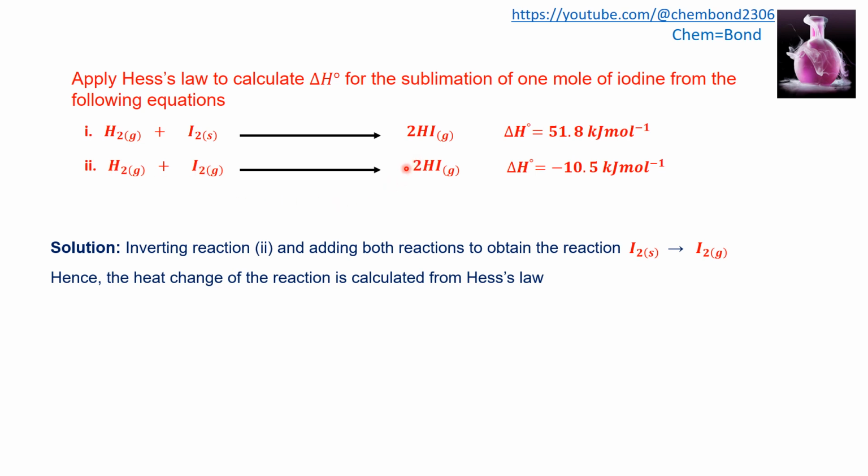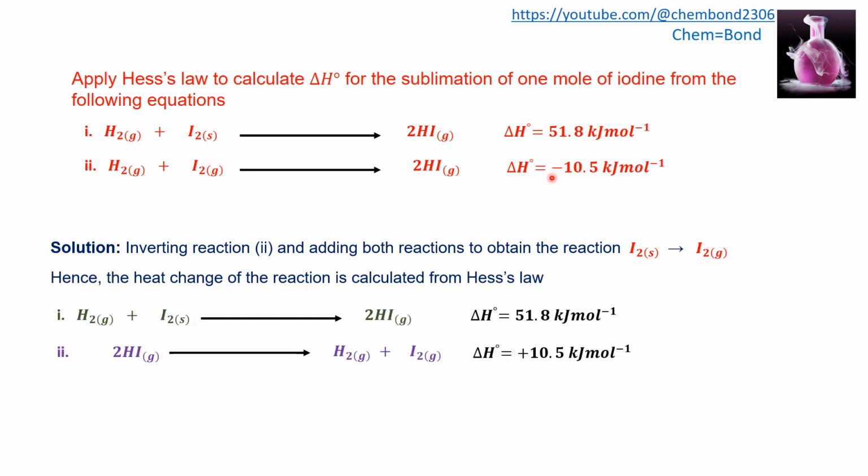So we will invert this reaction, which means that 2 moles of hydrogen iodide will move towards the reactant side, and hydrogen plus iodine gas will both move towards the product side. Now by inverting this, we will invert the sign, that is minus 10.5 will be converted to plus 10.5.